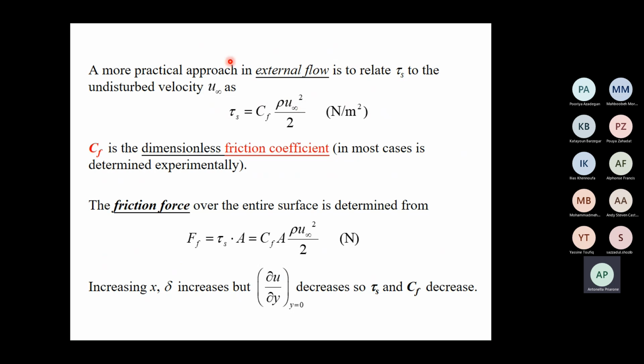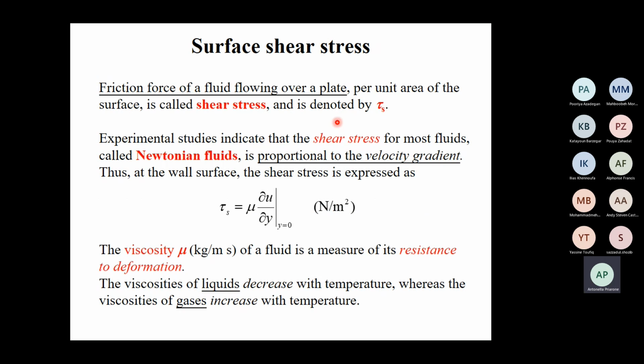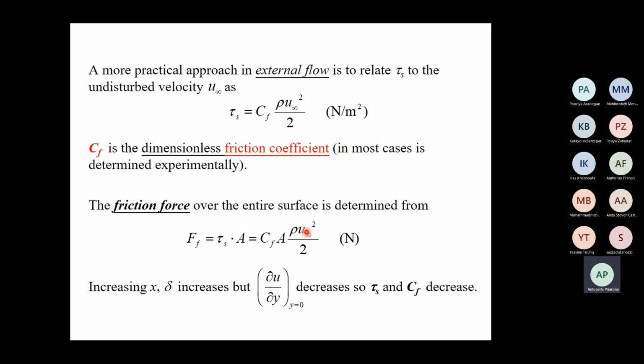Another manner to write the surface shear stress, for a Newtonian fluid written in terms of the gradient of the velocity in the y direction for y equal to 0. I can also introduce a coefficient called CF, the friction coefficient, a dimensionless parameter that allows us to express the surface shear stress using the undisturbed velocity of the flow, u infinite.